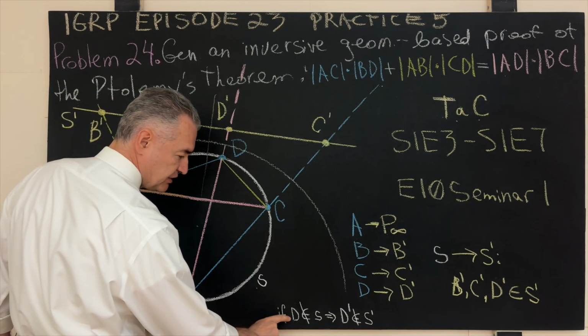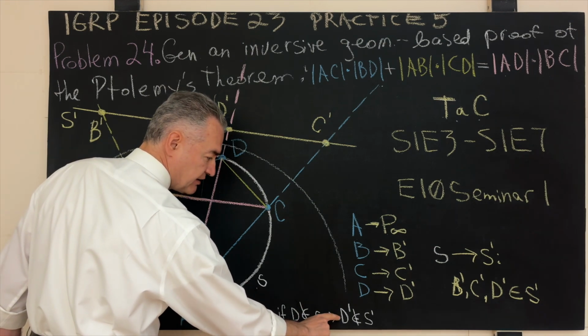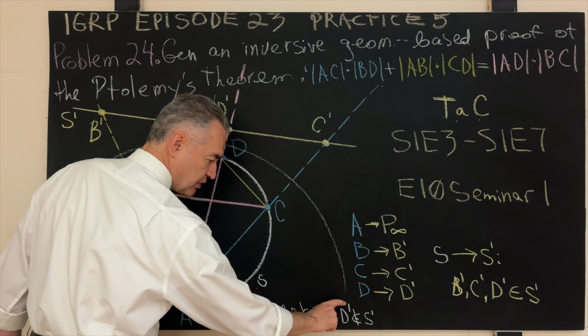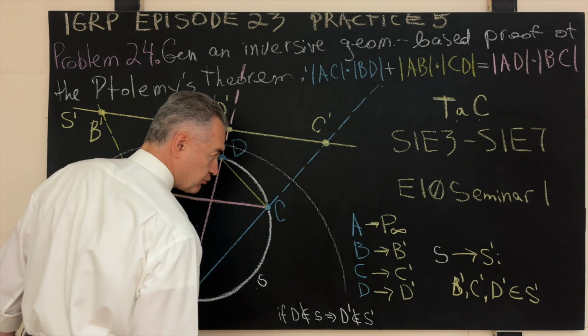If the point D does not belong to the circle S, then the image of that point, the point D prime, does not belong to the straight line S prime.